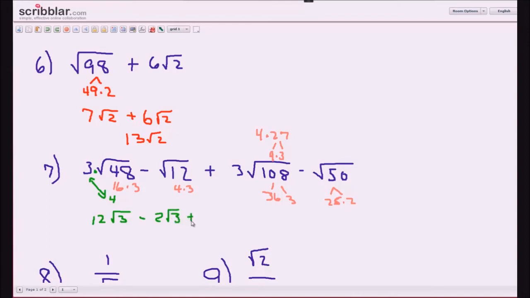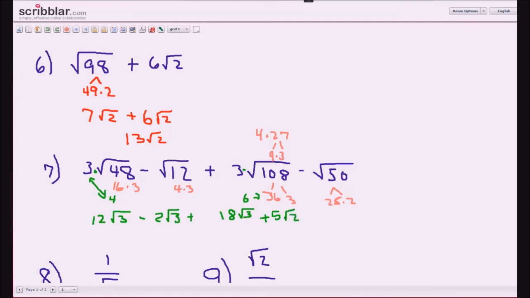And next part, same thing here. That's 3 times, and the square root of 36 is 6. So 3 times 6 is 18. That's 18 root 3. And last but not least, we have root 25 times 2. So that's going to be plus 5 root 2.